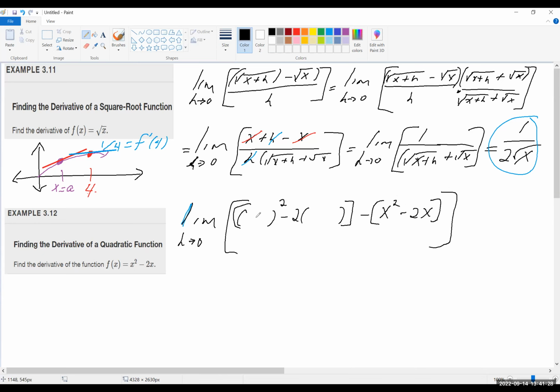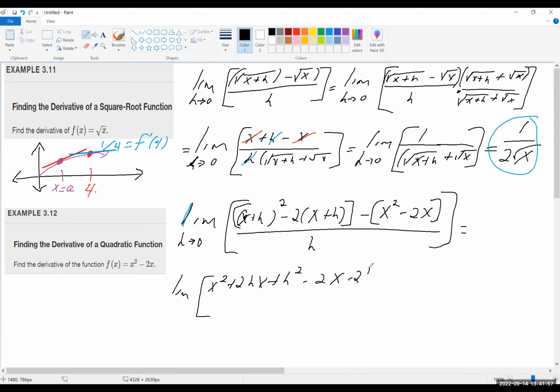This is squared, so this is just, no, x plus h, all over h. And that's the limit of brackets x squared plus 2hx plus h squared minus 2x minus 2h minus x squared plus 2x. Lots of opportunity for error.